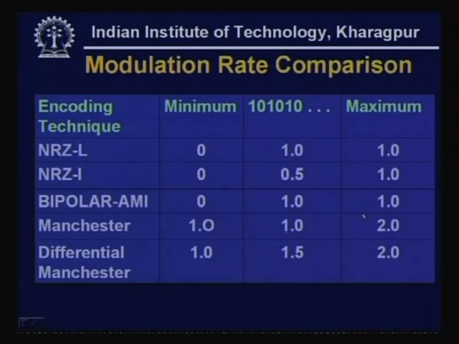However, we have seen that Manchester encoding gives you a very good synchronization facility. Whenever you send a long sequence of zeros or a long sequence of ones, it will not lead to synchronization failure, because at the other end the phase locked loop will be able to regenerate the signal without any problem.